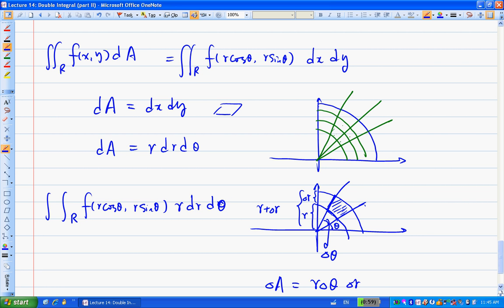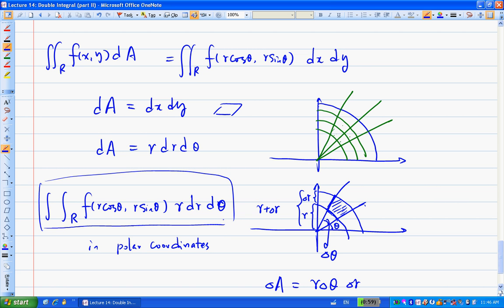That's my double integral in polar coordinates. Any questions? So far so good. Do you just have to remember this? I think the best way is just to remember this one. That'll be enough.